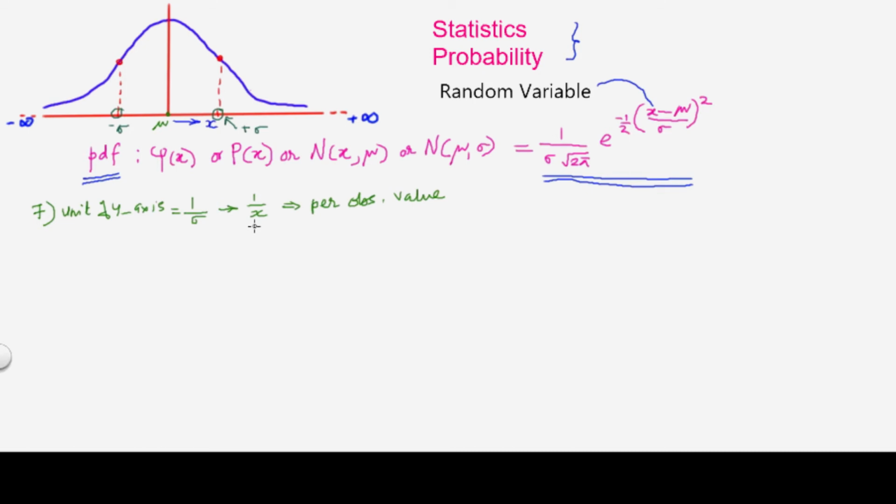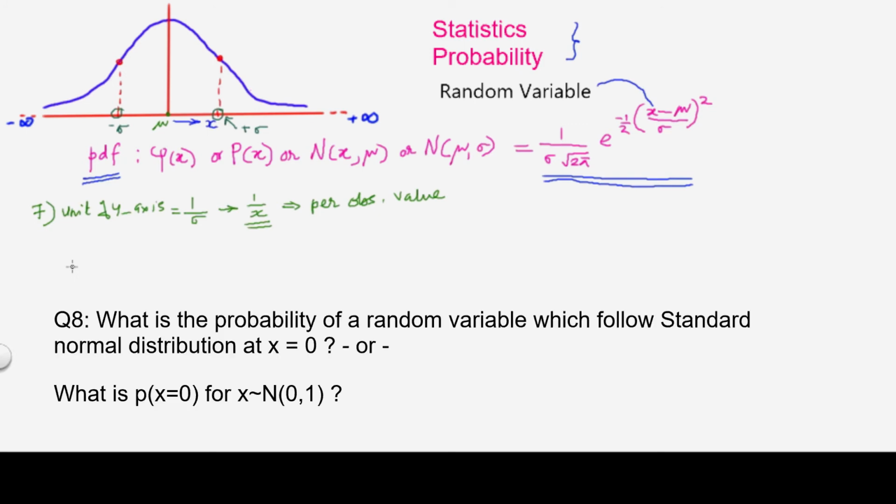That is why this expression is very useful, and you can say per observed value as an answer to question number 7. Also, the y-axis has dimensionless quantities, that is 1 by 2 pi is a part of it, and this expression is also a part of it. So these are all dimensionless quantities. So the answer ultimately becomes 1 by x.